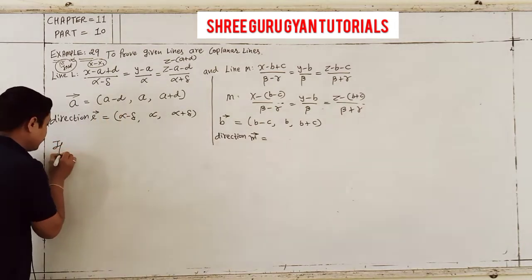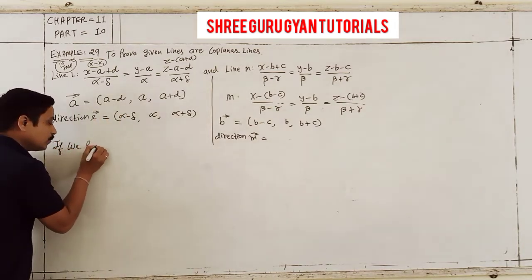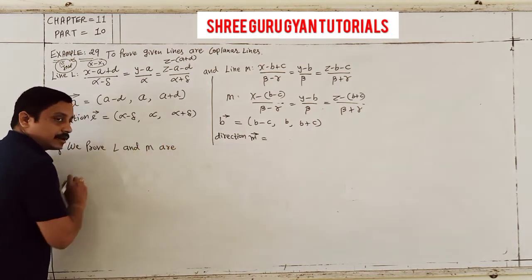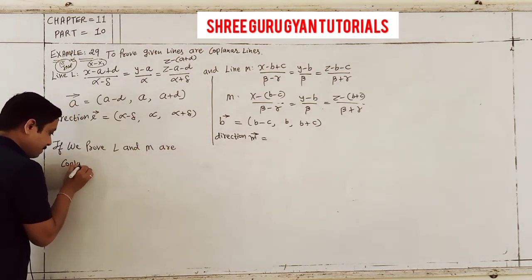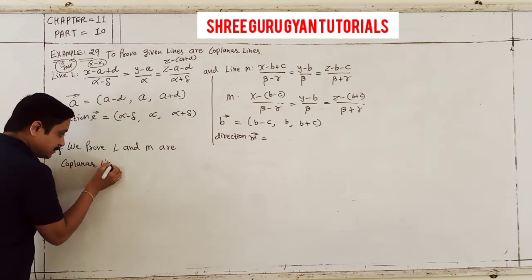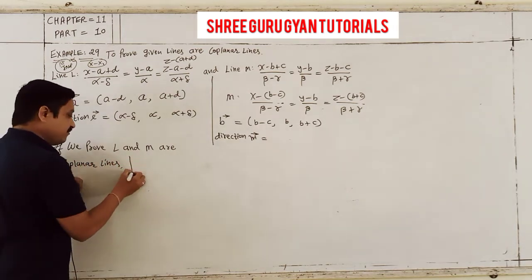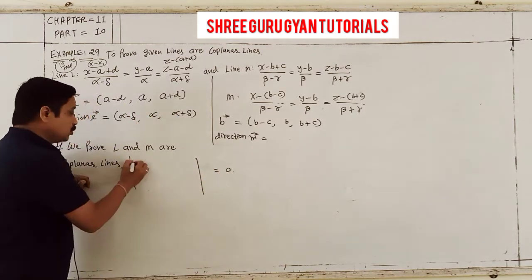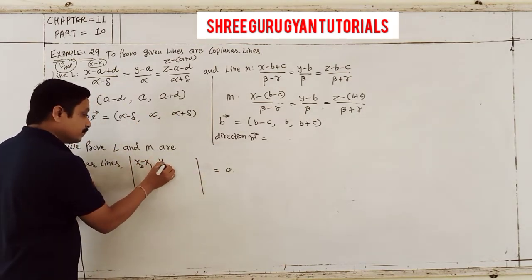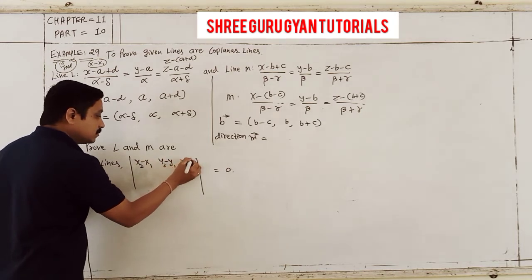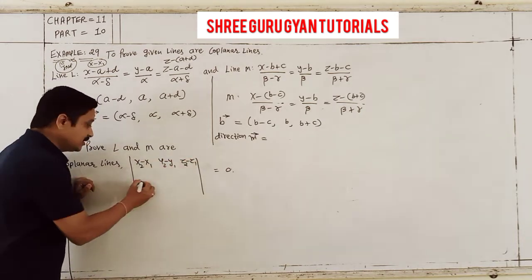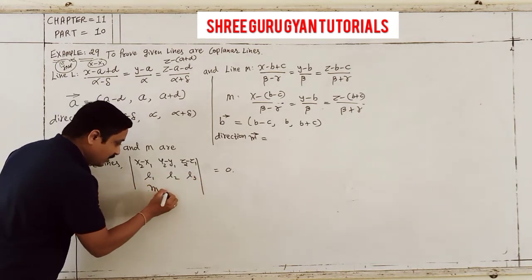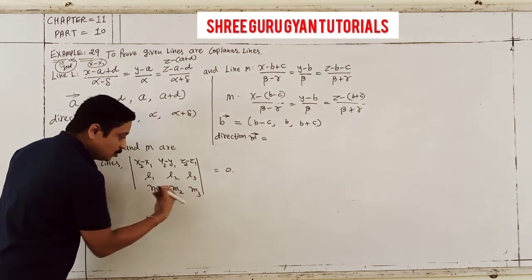If we prove L and M are coplanar lines, that means definitely this determinant is equal to 0. We prove: x2 minus x1, y2 minus y1, z2 minus z1, then L1, L2, L3 and M1, M2, M3.